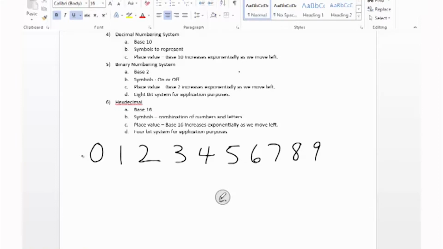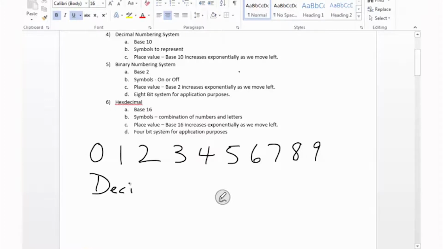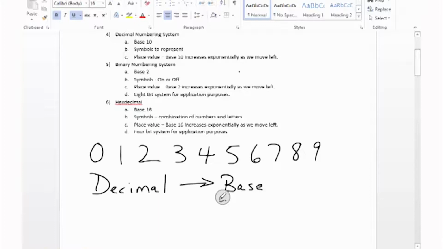And what that really means is how many symbols do we have that represent the quantities that we want to describe? We have 10. So the decimal system is a base 10 system, because we have 10 symbols that help us to quantify various values.